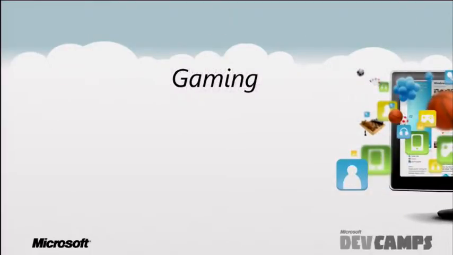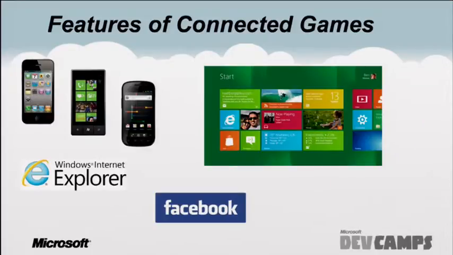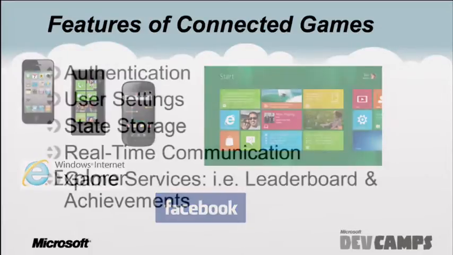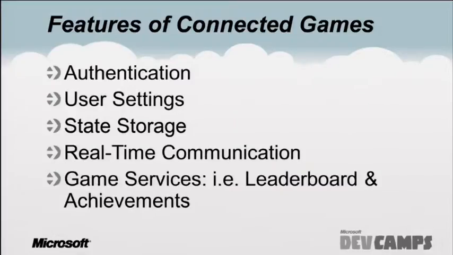Okay, so gaming. From the game perspective, we've also got a rich array of devices. So we've got iPhone, Android, iOS, we've got browsers, we've got Win8 Developer Preview, and we've got Facebook games as well as an option. Some of the features of connected games include, again, authentication.